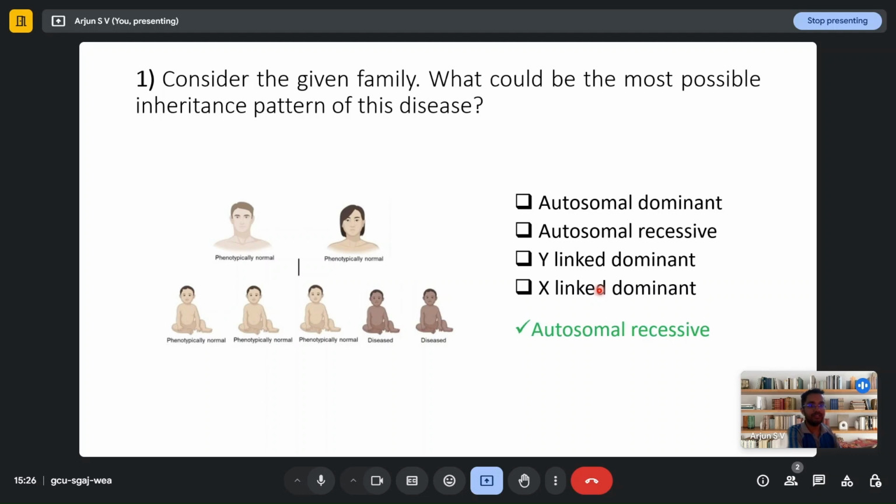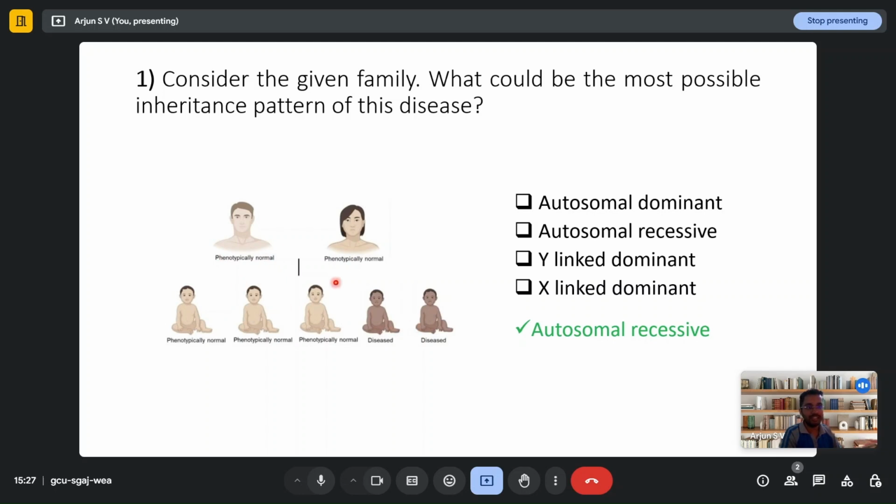The answer for this will be autosomal recessive. How to go around this question is, first we confirm whether this is an autosomal disease or a sex-linked disease. If it is a sex-linked disease, at least one of the parents should be a carrier of the disease through the sex chromosome for the children to be diseased.